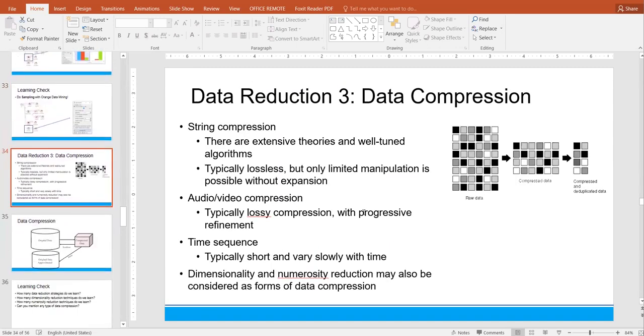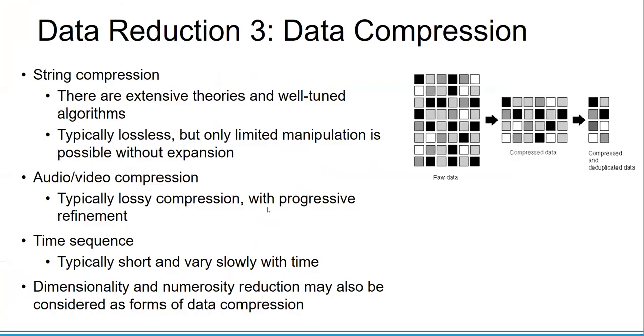Next is about data reduction. In data reduction, we already learned two prior concepts. First is dimensionality reduction, and the other is numerosity reduction. And the third is data compression. The data compression can be string compression.